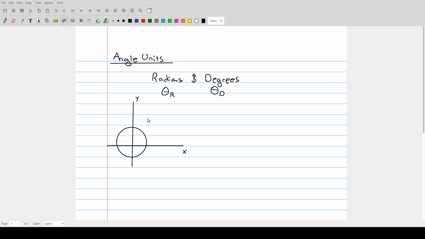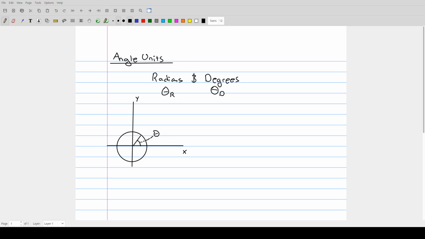We'll put it centered at the origin of the x-axis and y-axis. We can talk about an angle measured from the x-axis as follows. Typically we use the notation theta to denote that angle.